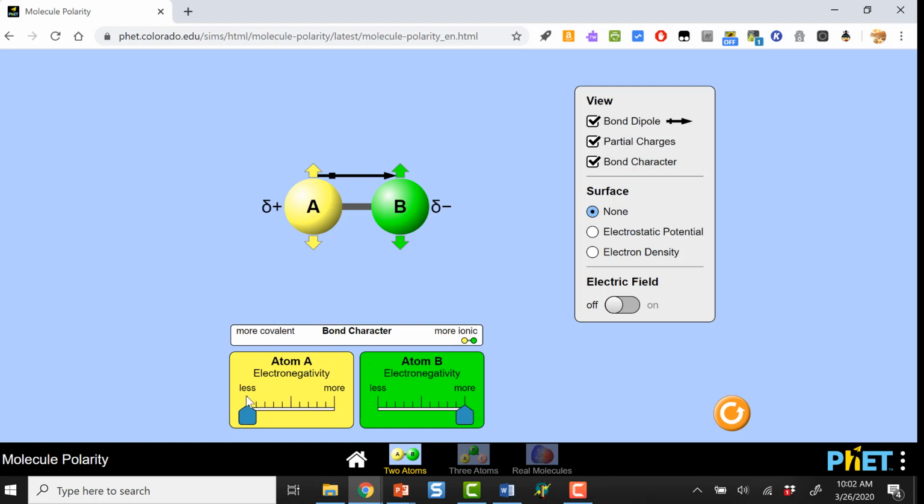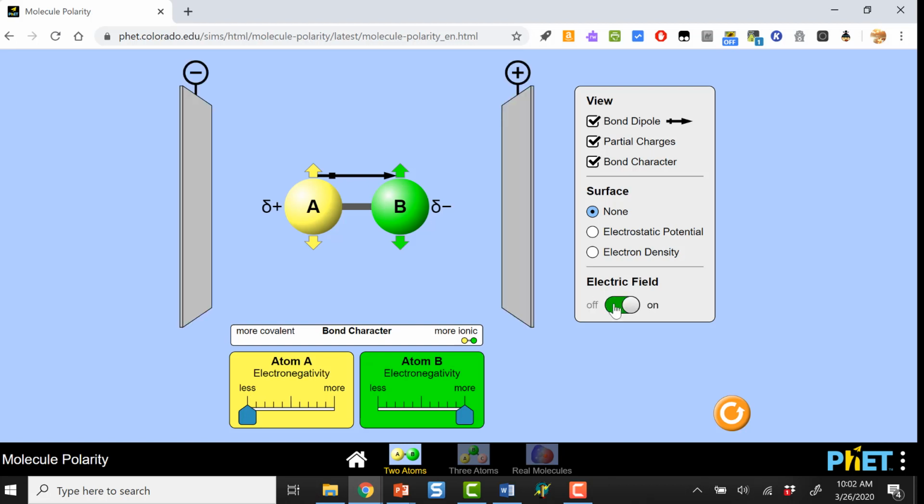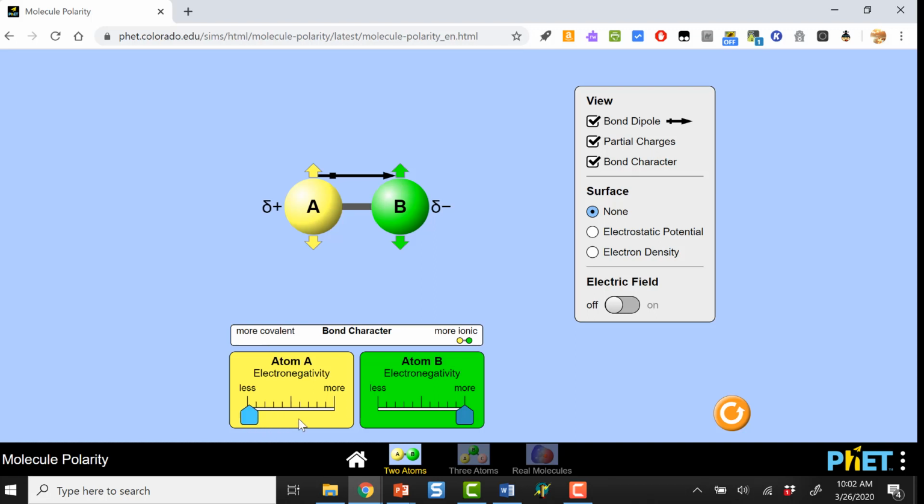As we said, molecules that are in an electric field will actually feel that electric field, so I could turn on an electric field here. And you see that nothing really happened because the positive plate over here attracts the negative B. I'm going to turn that electric field off, though.